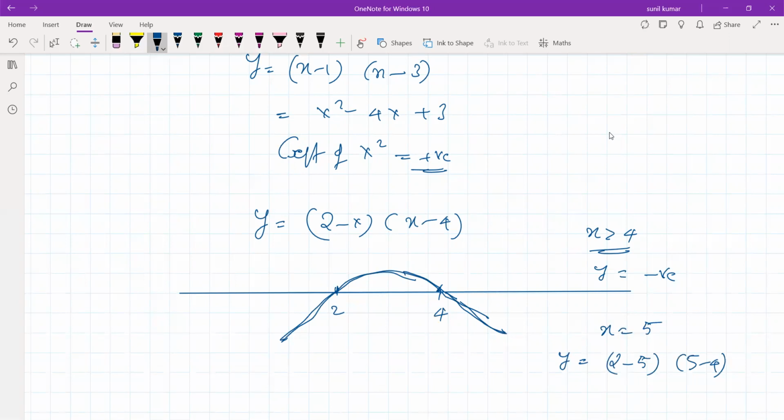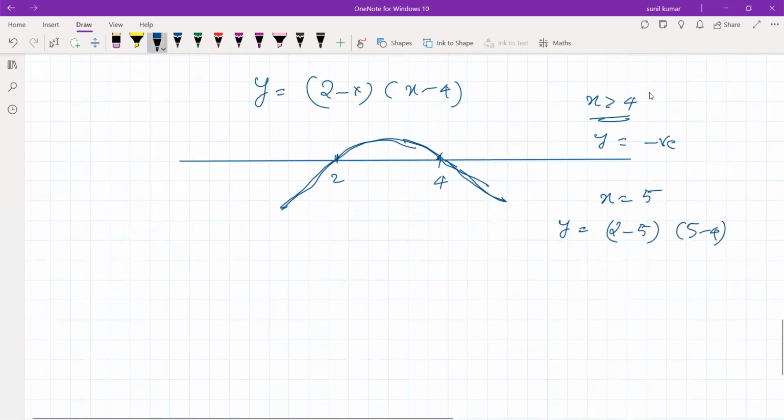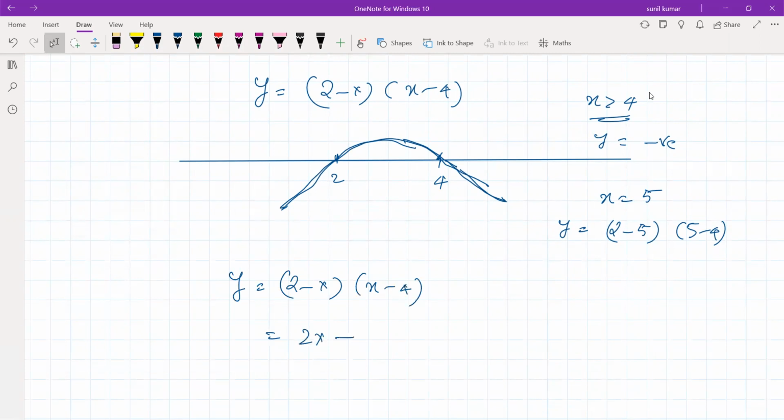So if you expand this, y equal to (2 minus x) into (x minus 4), you see 2x minus 8 minus x square plus 4x. So if you write it properly, it is coming out to be minus x square plus 6x minus 8.